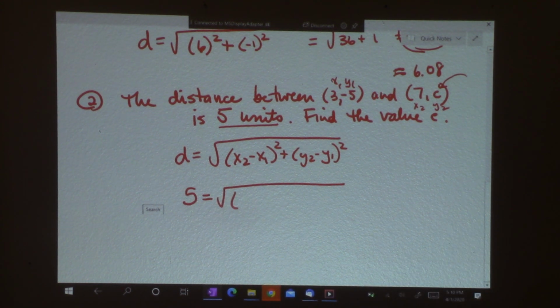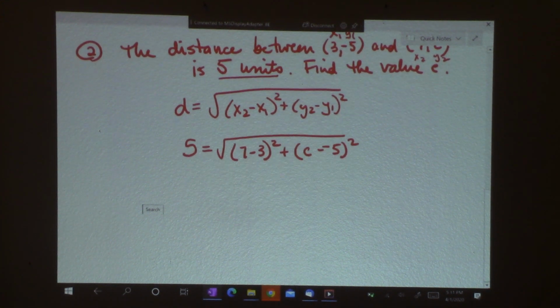So x2 in this case is 7, and x1 is 3. And then I have y2 is my c, and y1, be careful, is negative 5. So again, I have to be careful of those negatives.